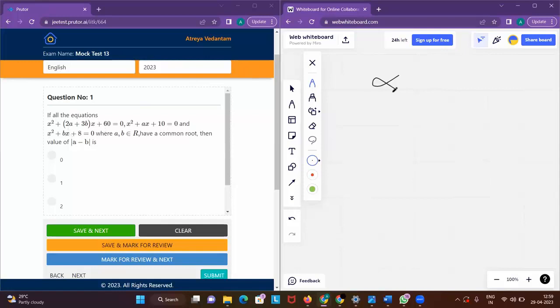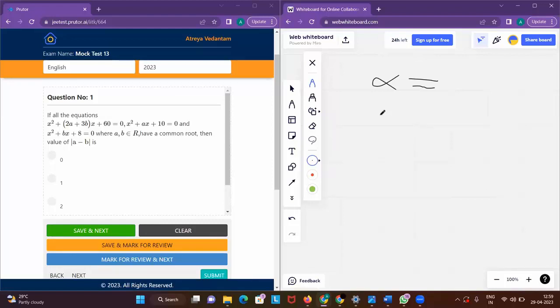Now, we want to first find alpha. To find alpha, we want to eliminate what we don't know, which is a and b, the constants that we do not know. So we multiply the second equation by 2, so that we get 2 alpha squared plus 2a alpha plus 20 is equal to 0.